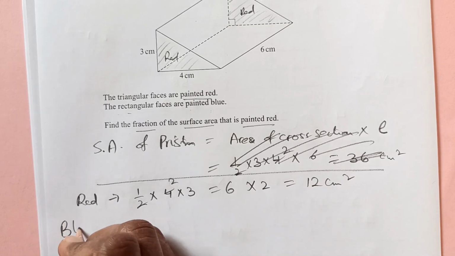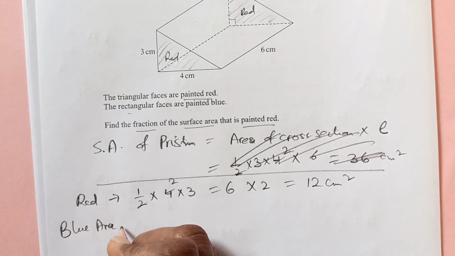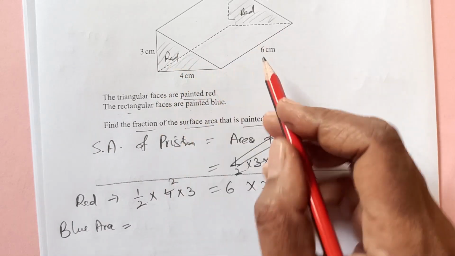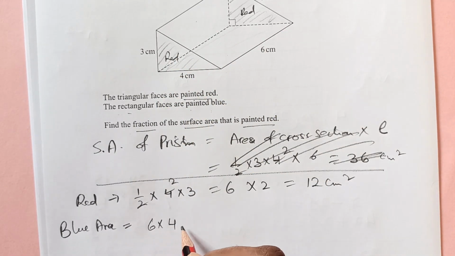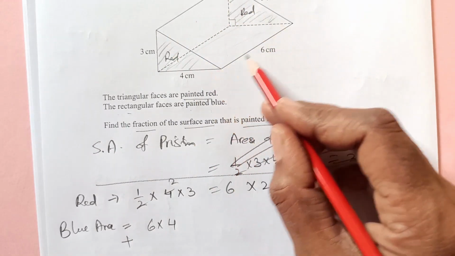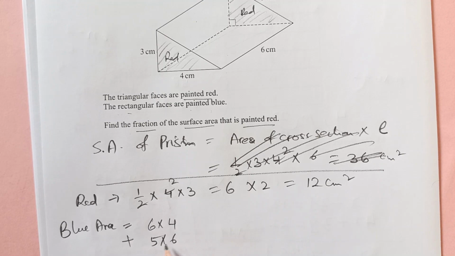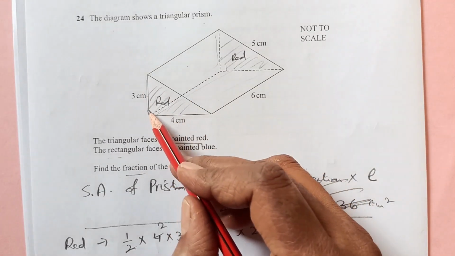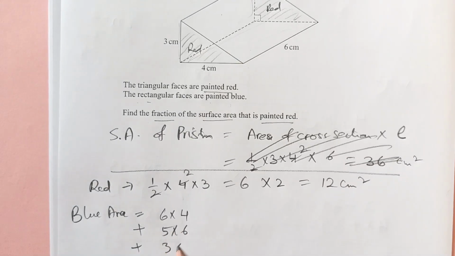So now the blue area is going to be area of all these rectangles. So this rectangle is 6 times 4 plus then this rectangle, the top one is 6 times 5, 5 times 6. Then the one behind here, it is 3 and this one is 6. So 3 times 6.